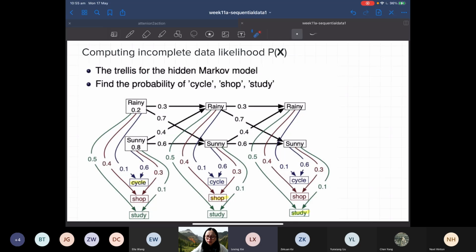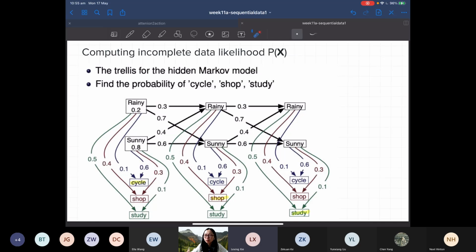That seems overall not too likely given that the transition from sunny to rainy and rainy to rainy is not very high. Right, so we can't just greedily pick the most likely state.